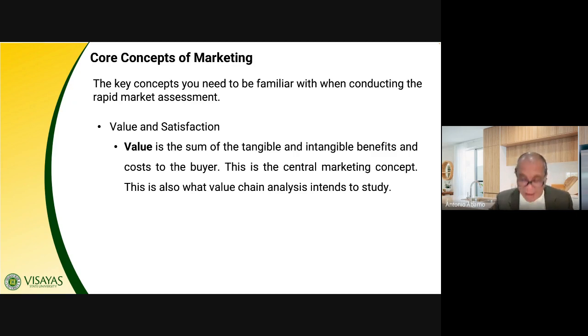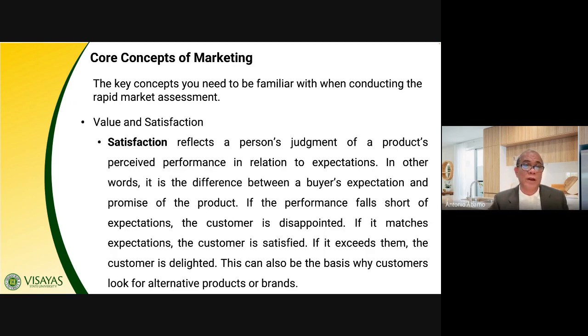That is value. Okay. Another core concept is satisfaction. Satisfaction reflects the person's judgment on the product. What is the very quick and very simplistic definition of satisfaction? Let me just challenge your imagination.